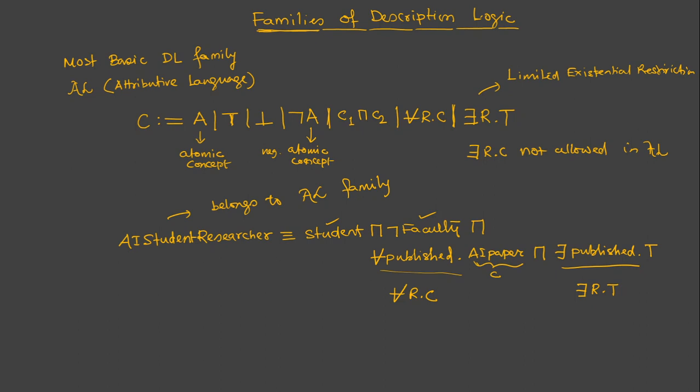Now, as you have been promised earlier, we'll be coming up with a formal definition of everything that we talk about. Otherwise, we cannot do reasoning, right? So that brings us to the semantics of the description logic language. So the semantics of DL, right?